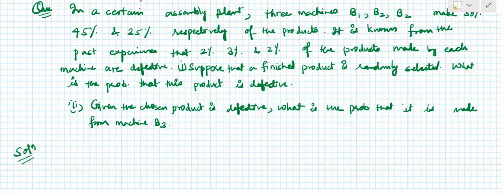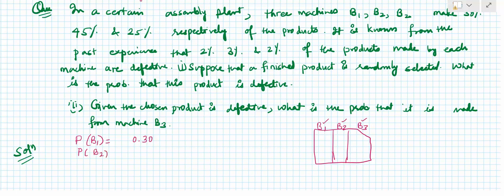You see, this is the whole process of manufacturing. There are total 3 sets in the partition. One is the product is made from machine 1, second is from 2, third is from 3. So what is the probability that the product is made from machine 1? That is 30%, that is 0.30. From machine 2? That is 45%, that is 0.45. And from machine 3?